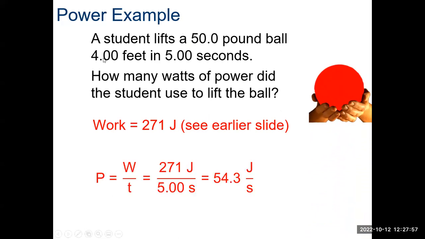Here's our equation for power: power equals work, or watts, over time in seconds. So our work, 271 joules over 5 seconds, equals 54.3 joules per second, equals 54.3 watts. That's our example for work, energy, and power.